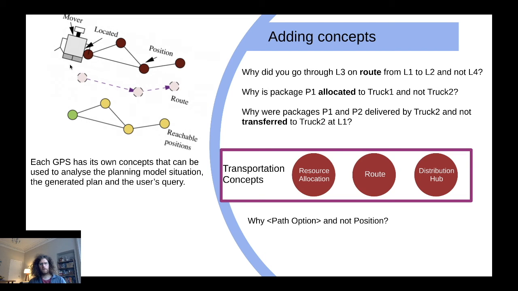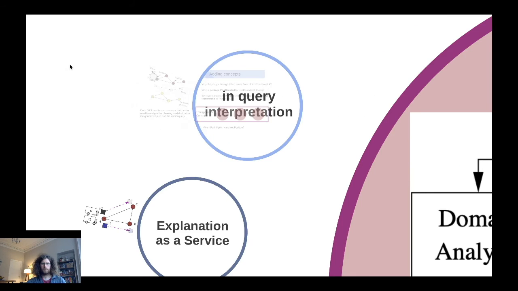And so in the transportation structure, these concepts have already been defined. So resource allocation and the related concepts about picking things up and dropping them off, for example. Route distribution hub, so reallocating packages. And so in the example of this top query, why did you go through such and such, with the right concepts, it could be written in a fairly simple template: why path option and not position, right? Okay.